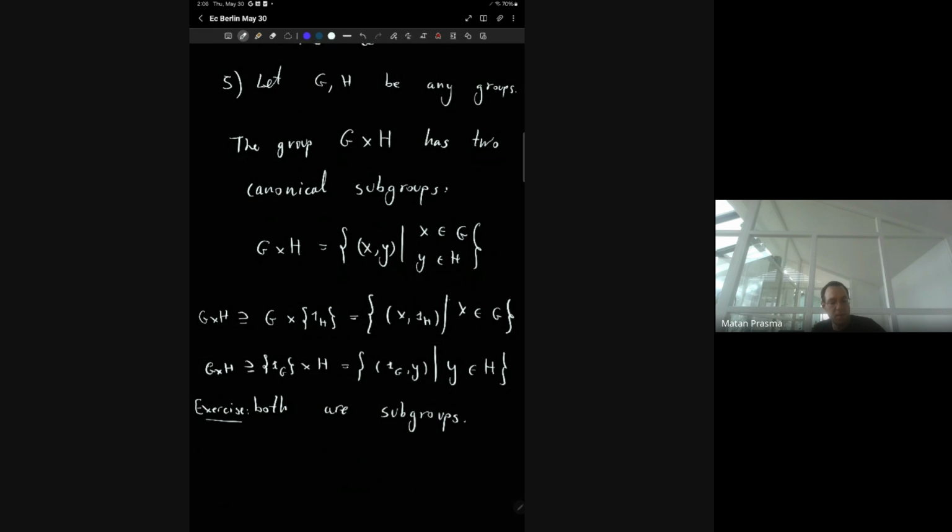If I claim that they are subgroups, then the operation has to be induced from the operation of the ambient, the big group. The operation is coordinate-wise. You take (x, y) times (x prime, y prime), you do x times x prime, y times y prime. In each coordinate, you do the operation in the relevant group. The first coordinate is the operation in G, and the second in H.